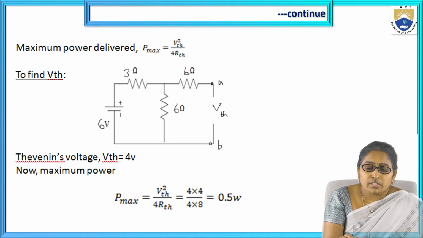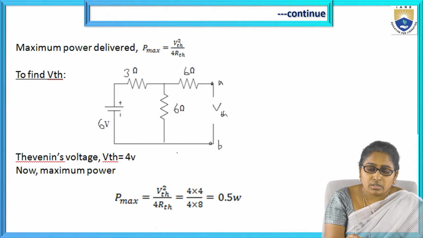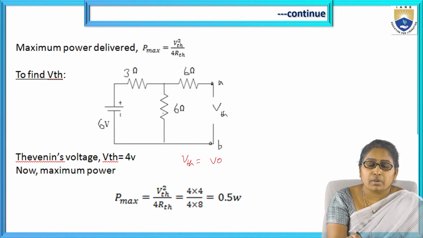So VTH is nothing but the voltage across this 6 ohm resistor.